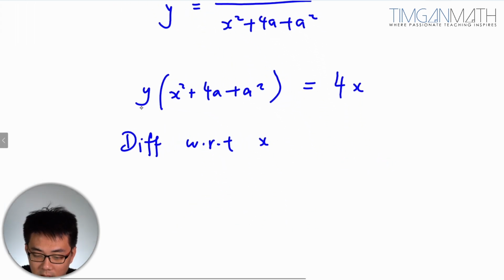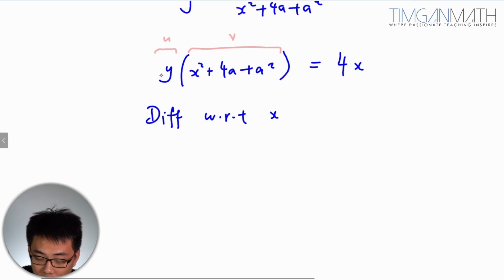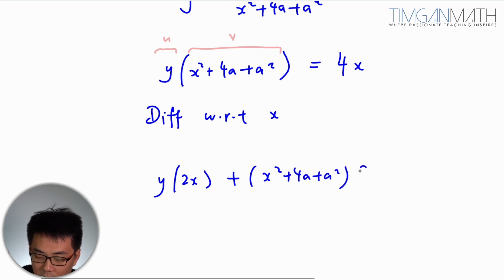Here this is u and this is v, so the product rule: keep the one on the left, differentiate, so it's 2x y, then plus x squared plus 4a plus a squared times dy dx, equals 4.